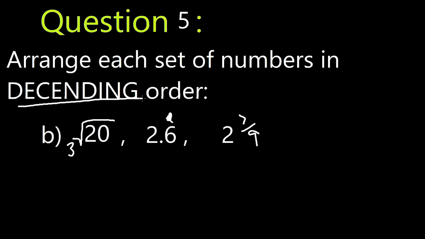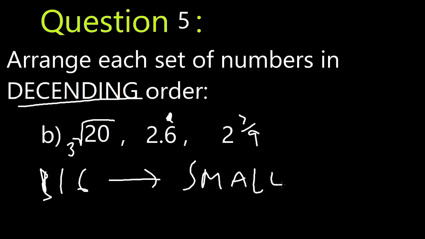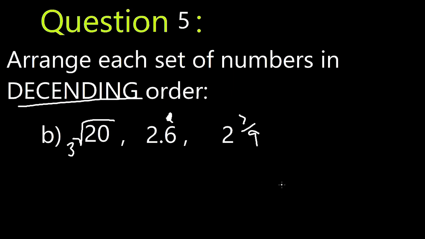Remember, descending order means big to small. In order to do this, we probably want to get them all in the same form so that we can compare them easily. So this here, 2.666666, is in decimal form.